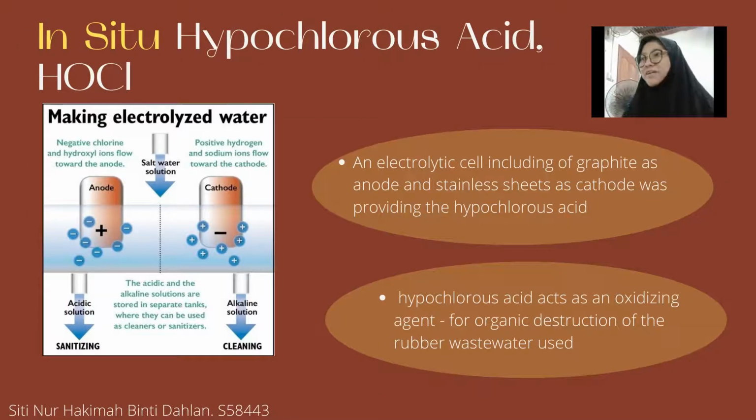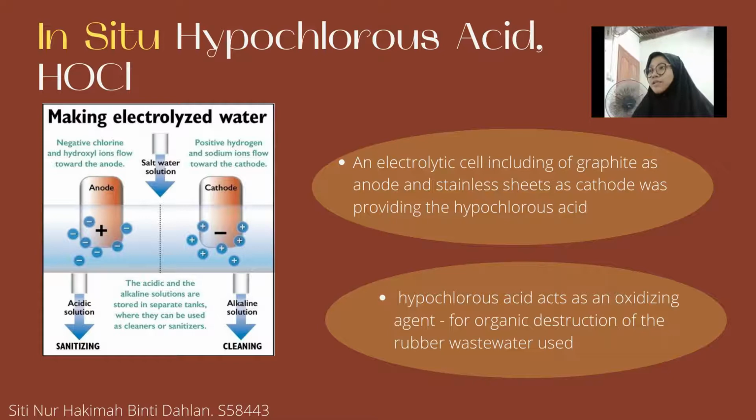Next, using the chemical method in advancing wastewater treatment. In this method, we use in situ hypochlorous acid. Certain research states that some chemical treatments are not successful because of variation in wastewater strength and also due to the existence of toxic material.